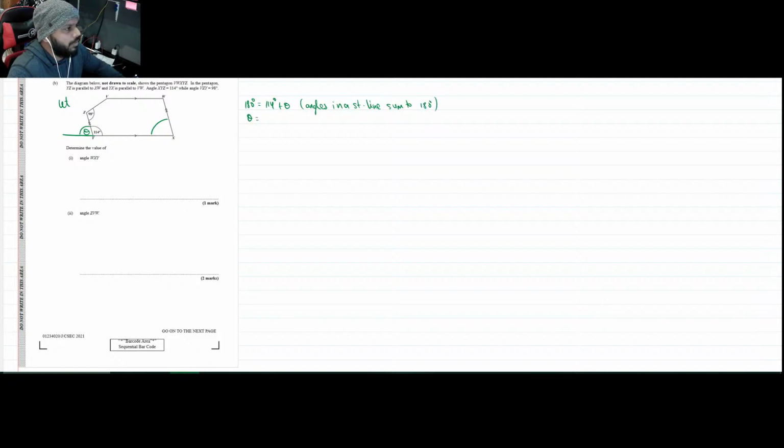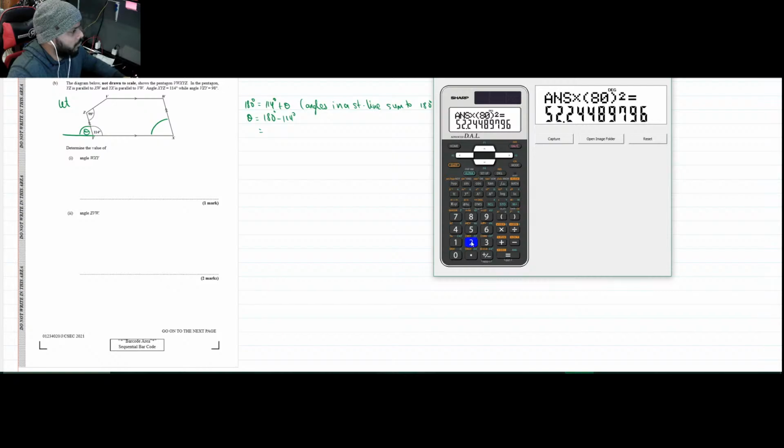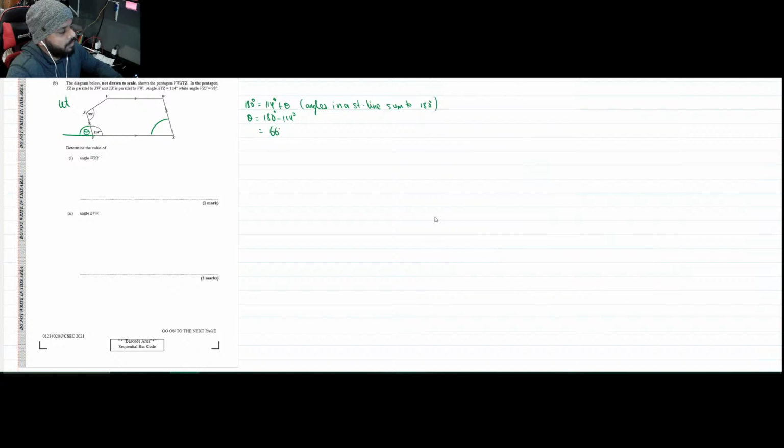So theta is 180 take away 114, which is 66 degrees. Say that this is angle alpha. You say theta is alpha because corresponding angles are equal.